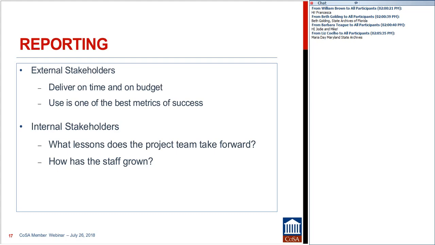Because when you start to see things go wrong, and you can start to anticipate that you're not going to make time or you're not going to make budget, having a good reporting relationship with those external stakeholders is really important.